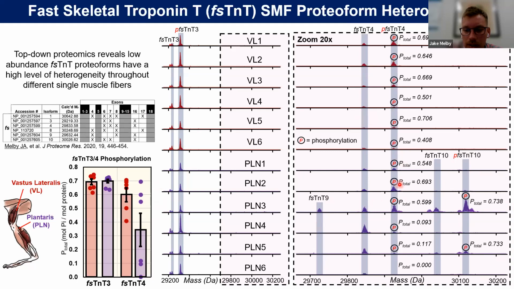But a lot of the diversity came about in the plantaris muscle. All of this is quantified in the bar chart here. So again, the higher abundance proteins of interest are relatively consistent, while the lower abundance ones show a pretty remarkable amount of heterogeneity, both from fiber to fiber as well as tissue to tissue.